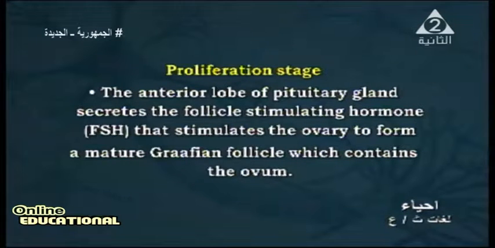What is the proliferation stage? In the proliferation stage, the anterior lobe of the pituitary gland, which is found in the brain, is responsible for secreting hormones like FSH and also LH. The FSH hormone stimulates the ovary to form a mature Graafian follicle, which contains the ovum.